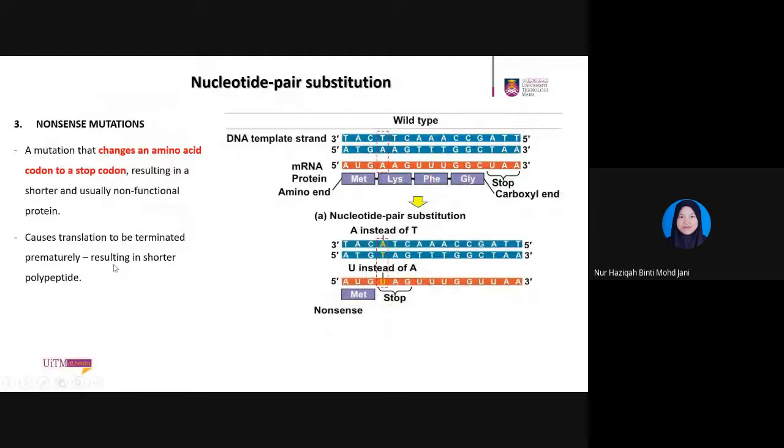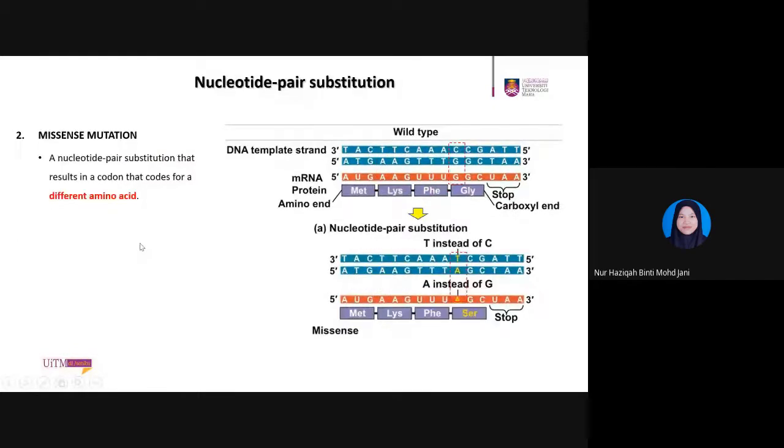Tapi ada juga bila mutation ni tak menyebabkan perubahan yang sangat ketara lah, bila amino acid yang diubahkan tu mempunyai ciri yang sama, the same chemical property as the original amino acids, okay.